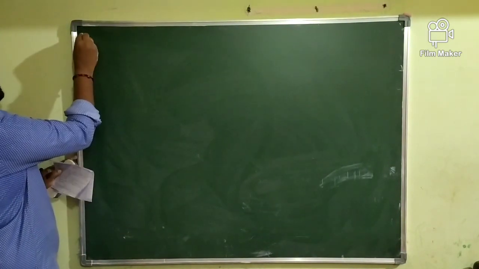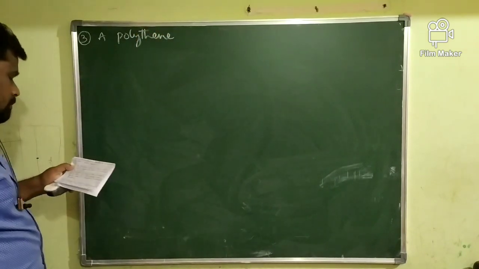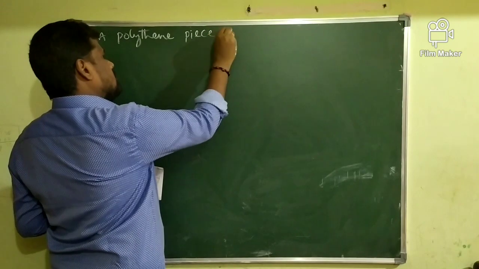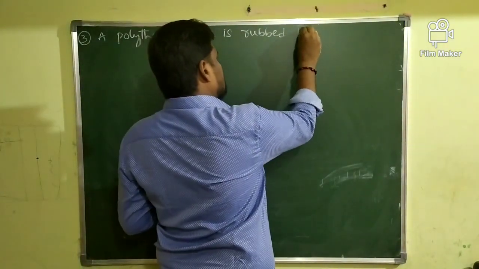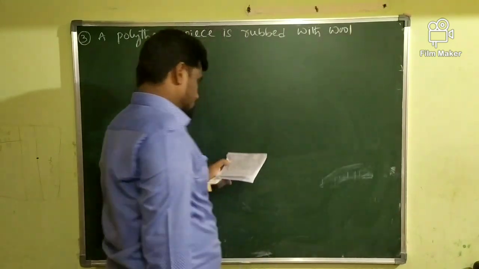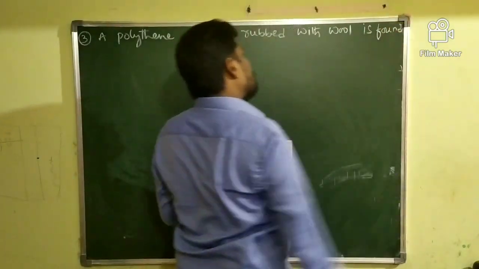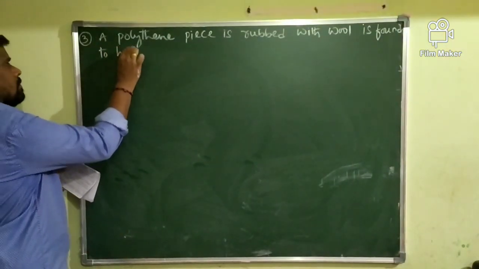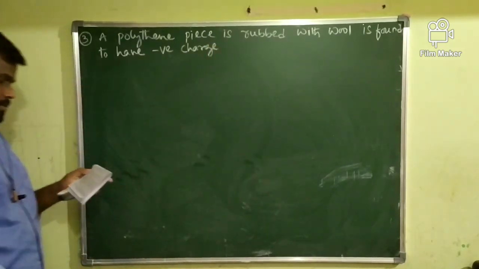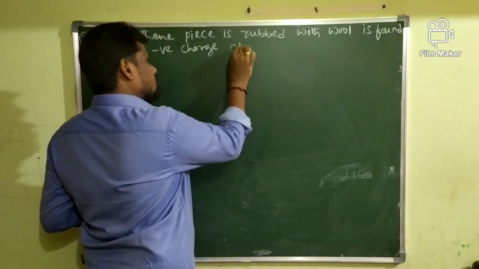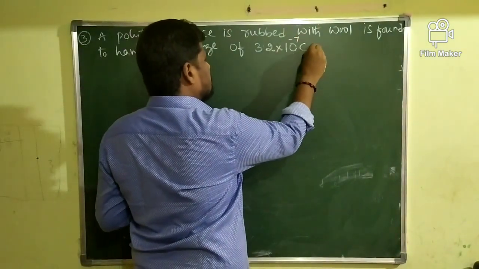Take down the problem. A polythene piece is rubbed with wool and is found to have negative charge of 3.2 into 10 power minus 7 coulomb.